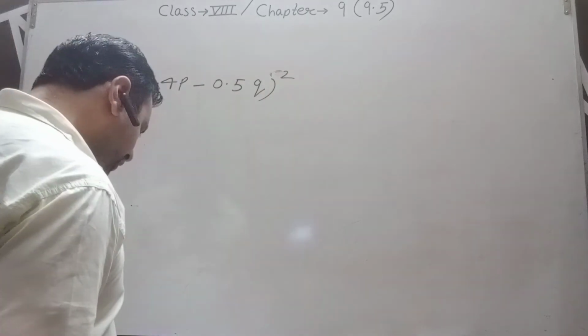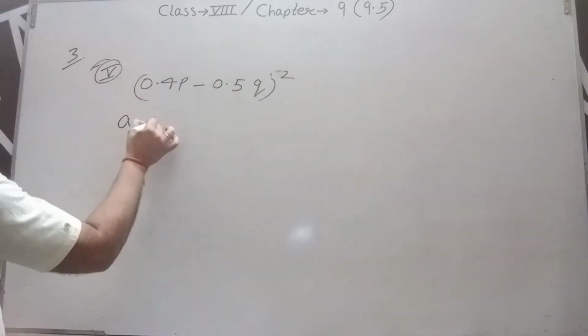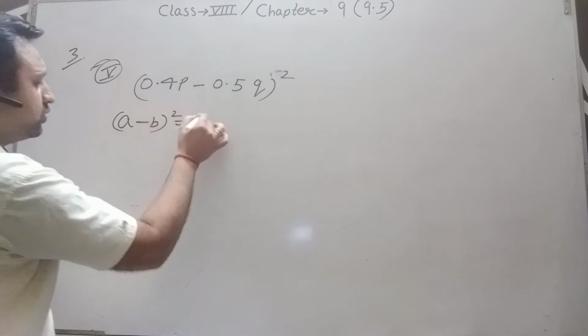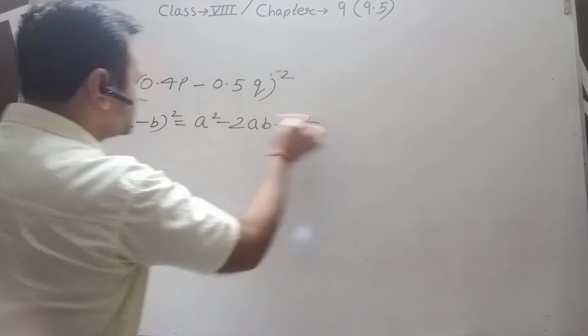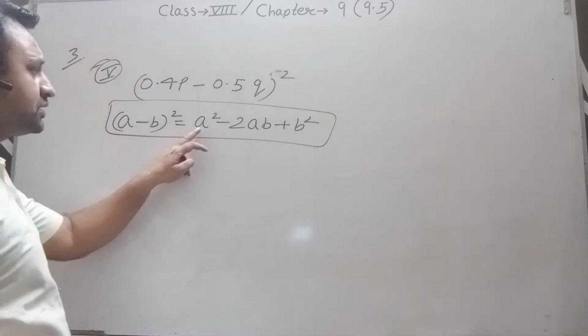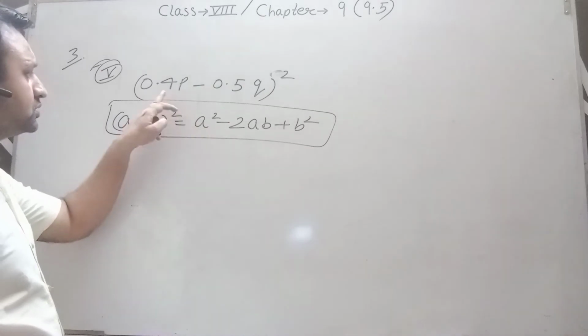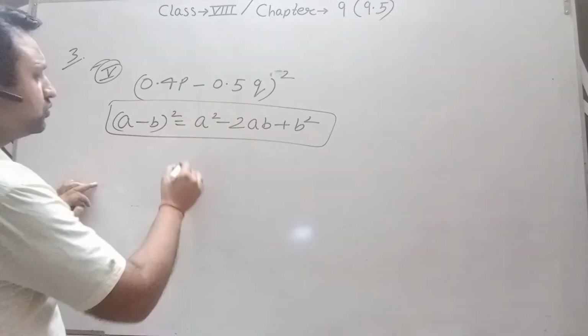And after observing, we notice that the identity we can use is (a − b)² = a² − 2ab + b². After replacing a, we note down 0.4p. After replacing b, we note down 0.5q.